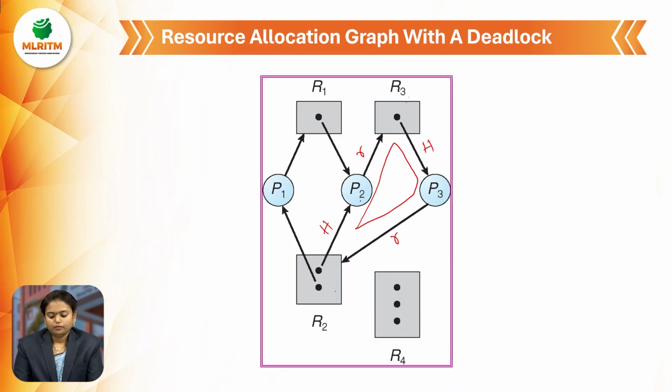So neither P2 nor P3 will be executed. So there is a deadlock, right? And if P2 is not executed, then the R1 instance is not available for P1's execution. So there is a deadlock.